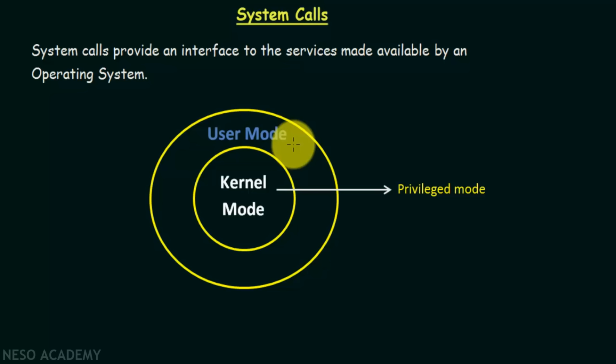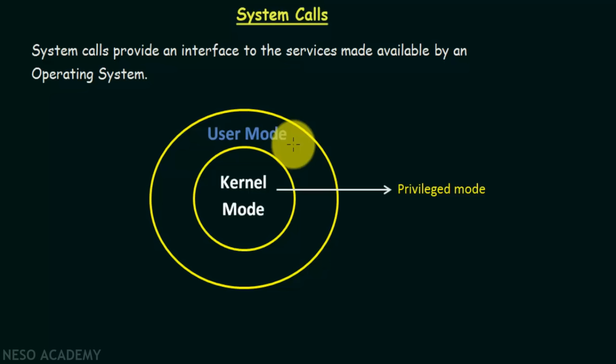When a program switches from user mode to kernel mode, that is known as context switching, and even when it switches back to user mode from kernel mode, that is also known as context switching. So when the program makes a call to the operating system saying that I need to use this particular resource, the context switch happens where user mode is switched to kernel mode so that the program can use those resources.